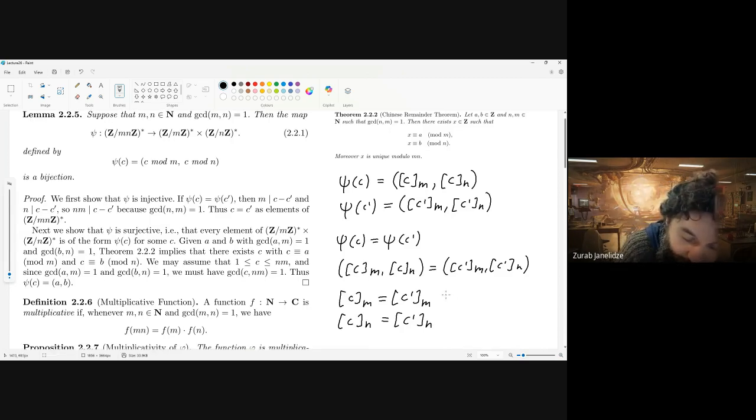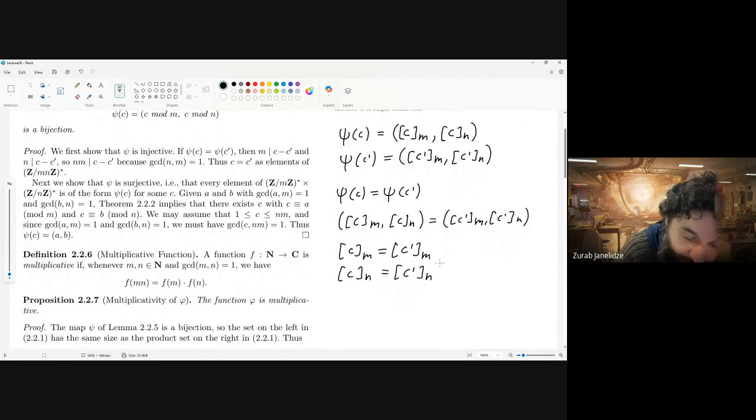Now, of course, this gives us that c and c prime are the same modulo m, right? So c is the same as c prime modulo m, and also c and c prime are the same modulo n.